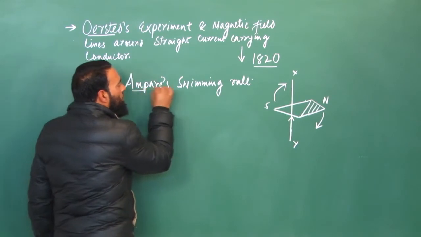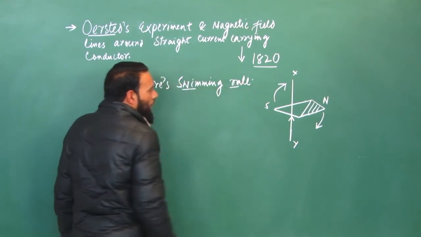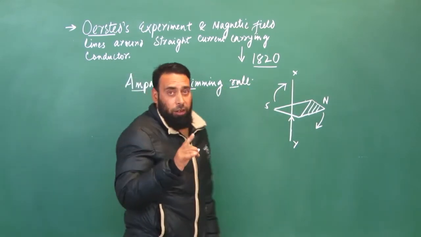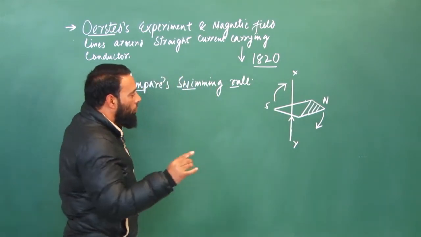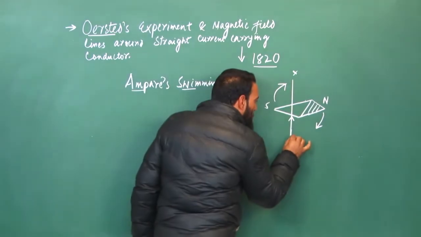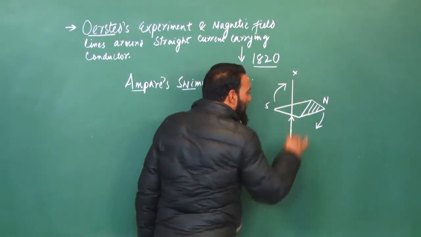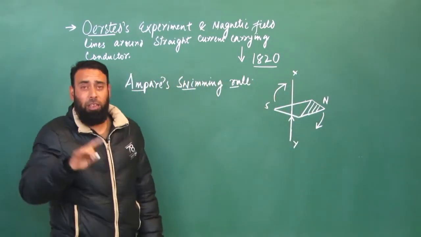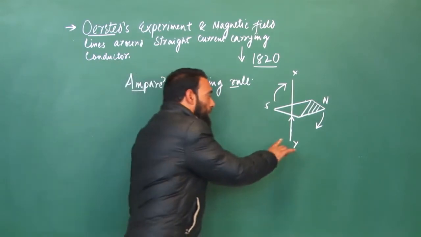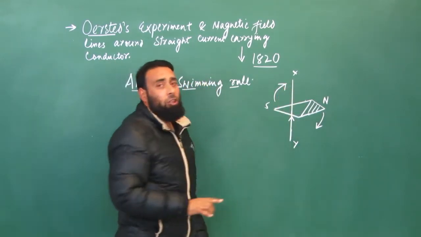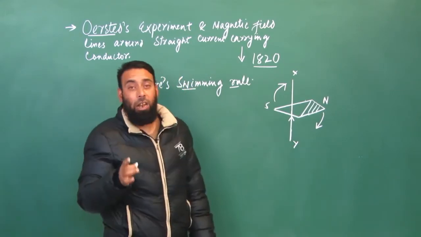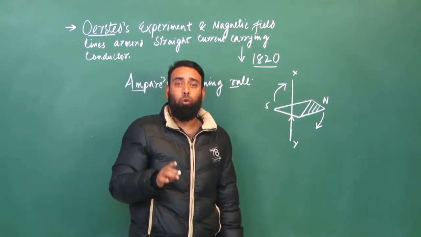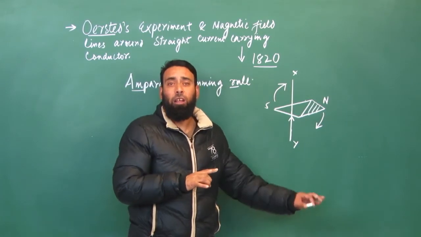According to Ampere's swimming rule, please listen carefully, if the observer is swimming along the direction of the conductor, keeping in consideration that the direction of the current is the direction of the swimming, then the north of the needle will move towards the left hand of that swimmer.